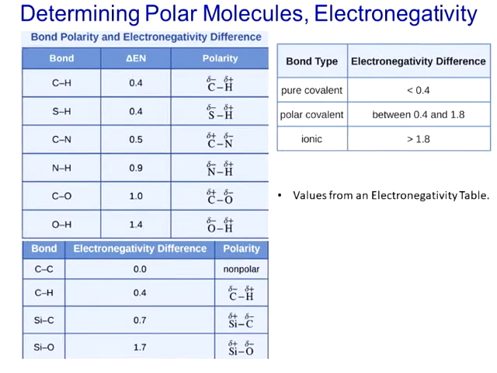And so we show you a few examples here on this table for electronegativity. We have, for example, a CH bond has a difference of 0.4. Its polarity shows a partial positive on the hydrogen and a partial negative on the carbon. In the case of sulfur and hydrogen, we also see similar partial negative, partial positive.